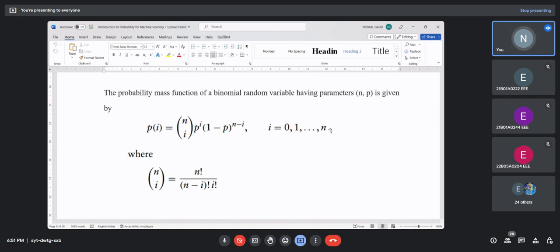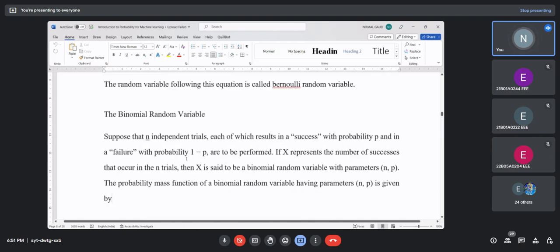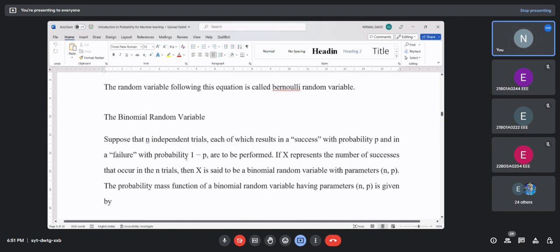For example, you toss the coin two times, and in the first case you got tail, that means you failed. Then again you toss the coin, and if you got head, the probability was 1 minus p into p, that you have seen above. The same thing is happening here for your binomial random variable.